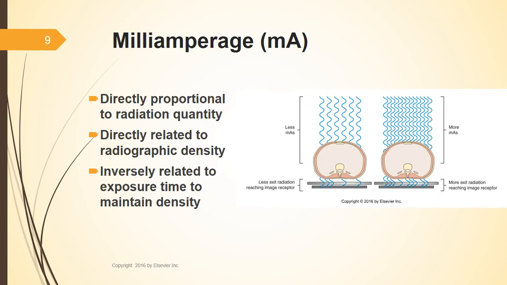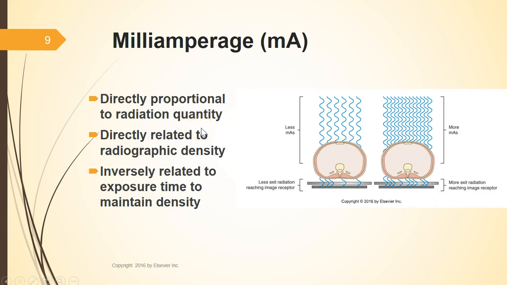So let's start with just the MA. MA is the quantity of radiation reaching the patient, and it affects the amount of remnant radiation that reaches the IR. The product of MA and time has a direct proportional relationship with the quantity of X-rays produced. So MA plus your time directly proportional to quantity.